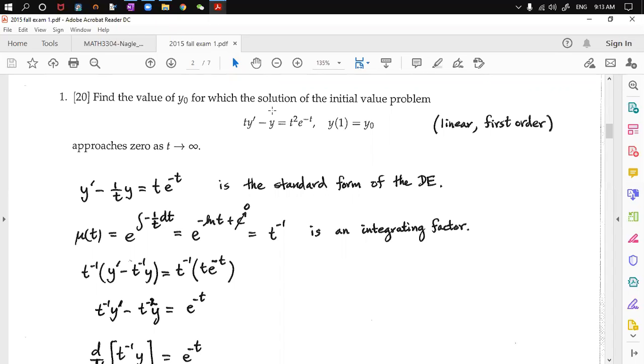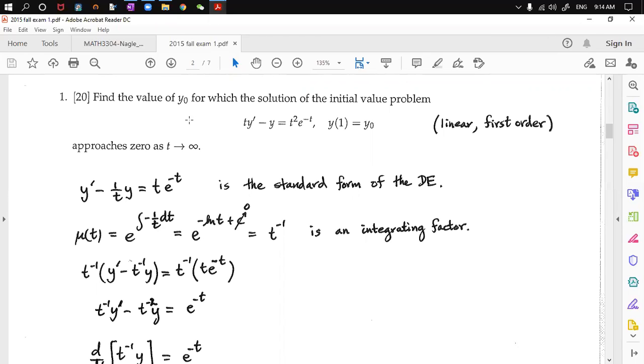If you don't understand what the problem is asking for, then even if you solve the problem, you might lose points just because of that. So please make sure you understand the problem, and read the problem instructions as carefully as you can. This problem says, can you find a value?